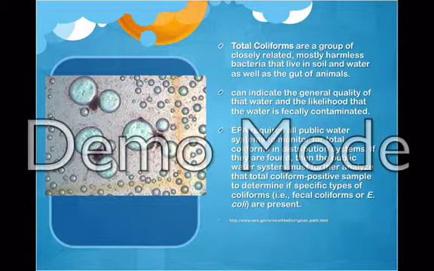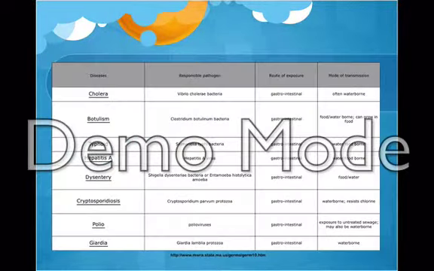So DEQ in Oregon is responsible for conducting these total coliform counts. And in certain places, like if you were to go out to Tillamook, Oregon, where there are very many cattle and lots of runoff in that watershed, they often have high coliform counts because of the cattle.